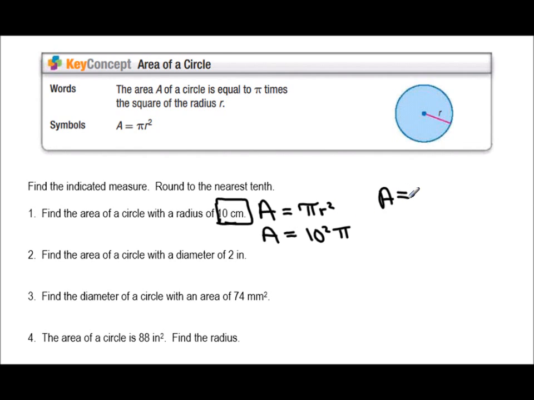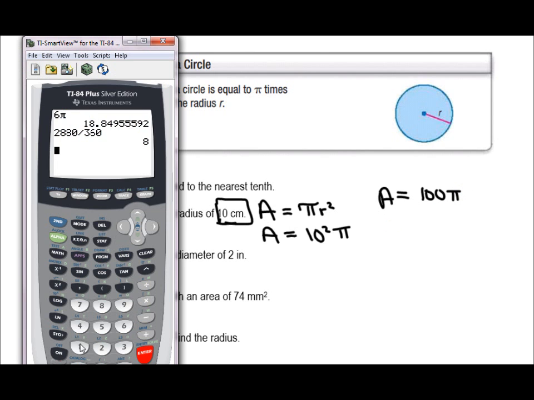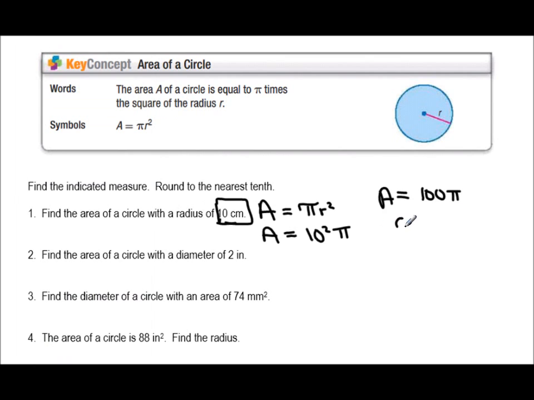So the area would be 100 pi. And in terms of a decimal, we would take 100, multiply it by pi, and that equals 314.2. And we want both answers this time.